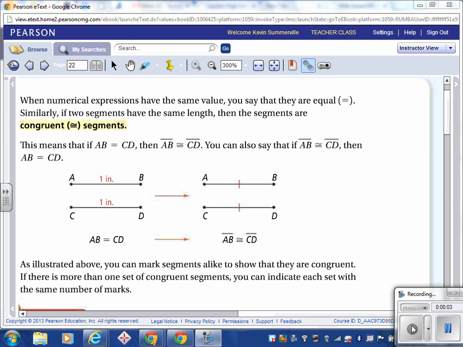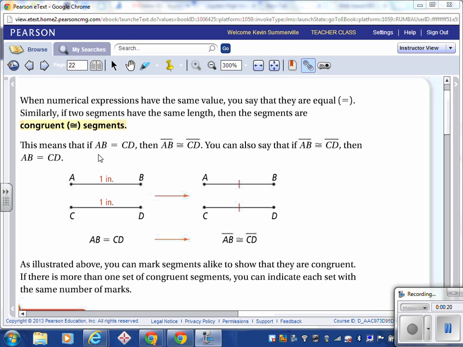A term I like to go over is congruent and what congruent means. You're going to see this word congruent with this symbol, talking about congruent segments. What does that mean?